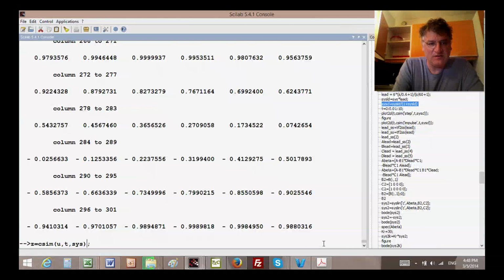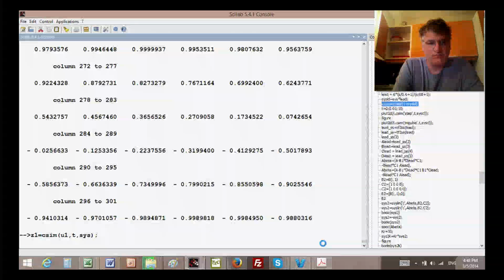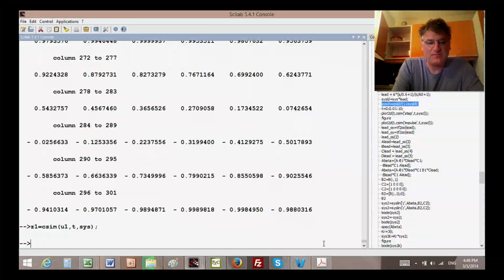Let's start with the input. So we're going to say z1 equal to csim u1, t, sys. Okay, it likes it better. z2 is equal to csim u2, t, sys.